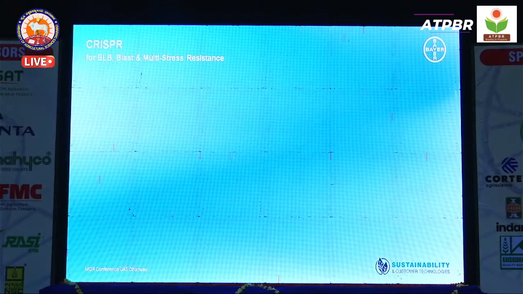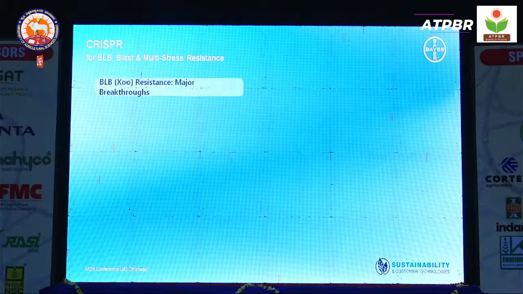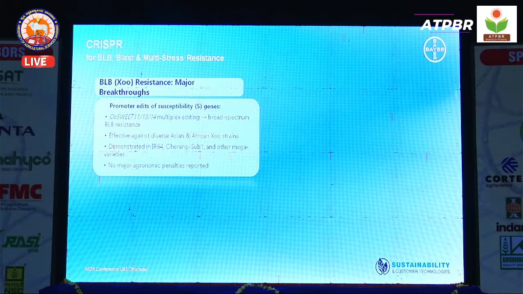For BLB, blast and multi-stress resistance also, CRISPR has been utilized. These are the major breakthroughs, where broad-spectrum BLB resistance effective against diverse Asian and African strains was demonstrated in IR64, Swarna, Sub1, and other mega varieties, and there were no major agronomic penalties.